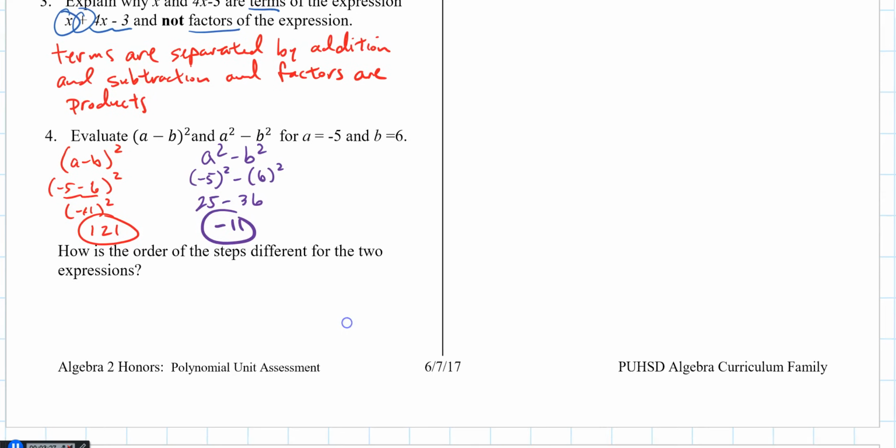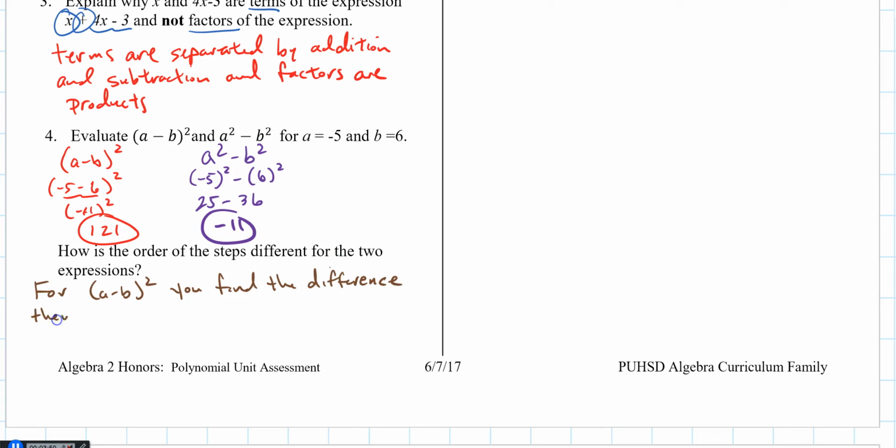Alright, how is the order of steps different for the two expressions? Well, for that we're just going to describe what we did. For a minus b squared, you find the difference, which is the answer to a subtraction problem.